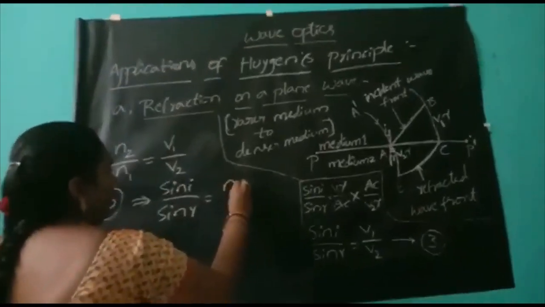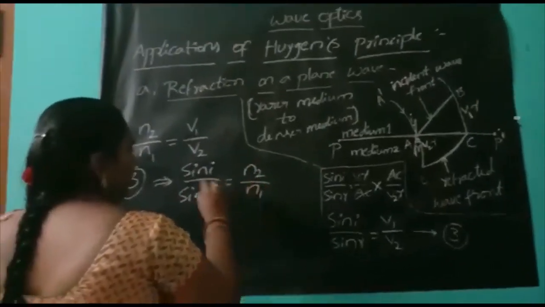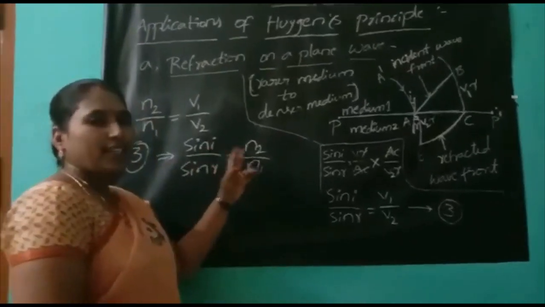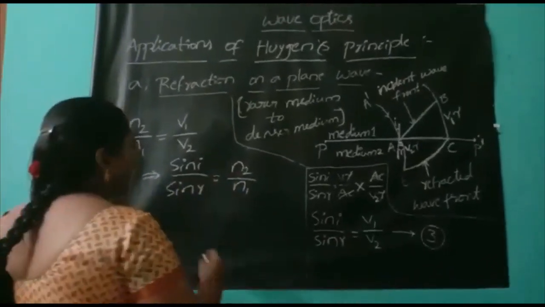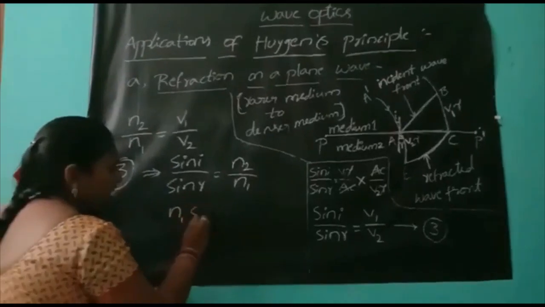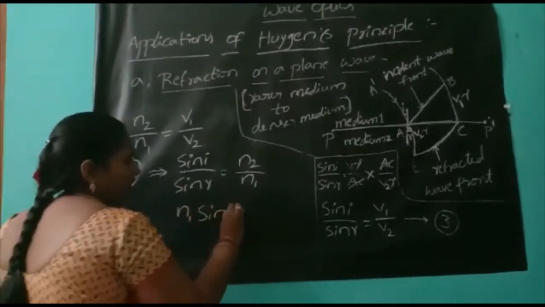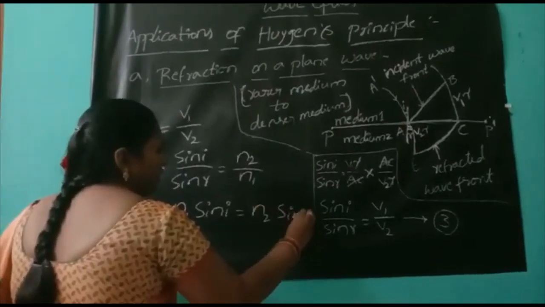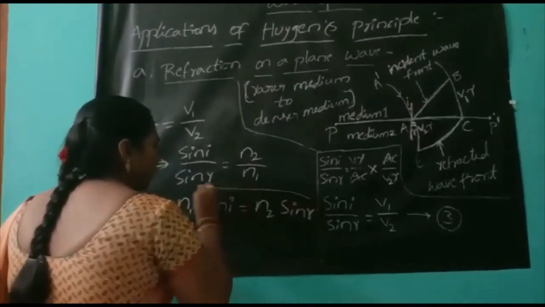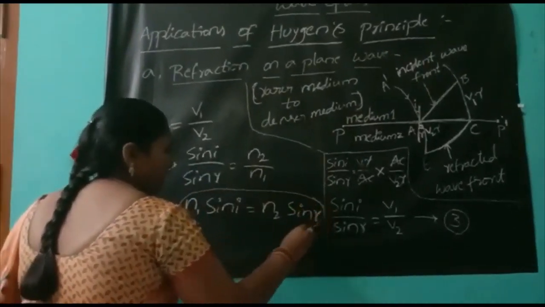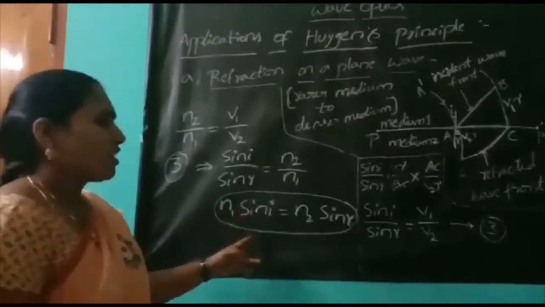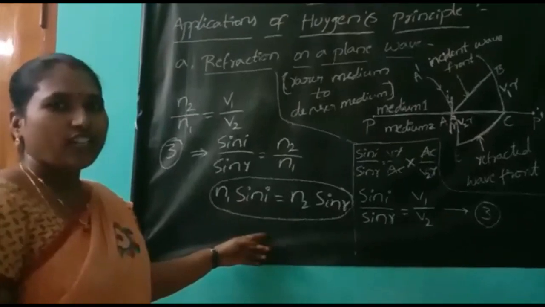So sin I by sin R is equal to N2 by N1. Cross multiplying it, N1 sin I is equal to N2 sin R. This equation is called Snell's law of refraction.